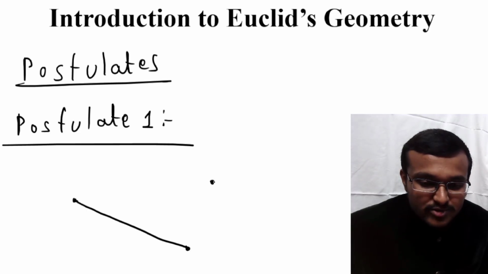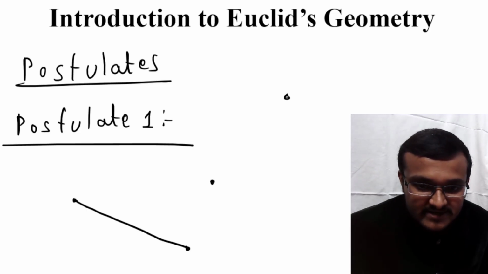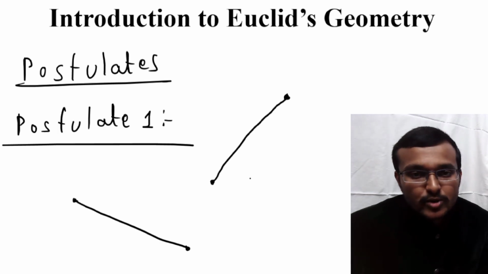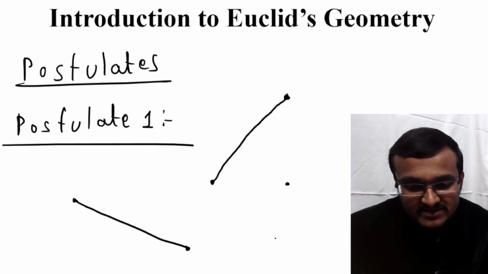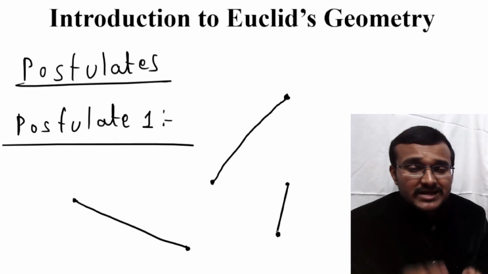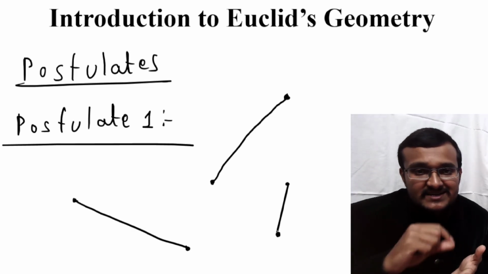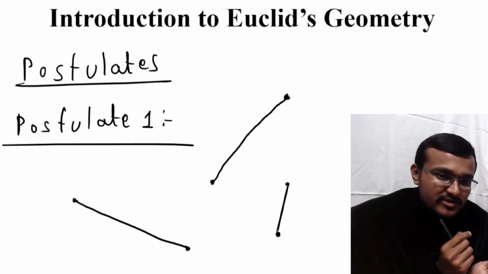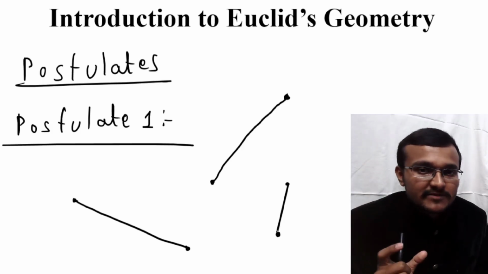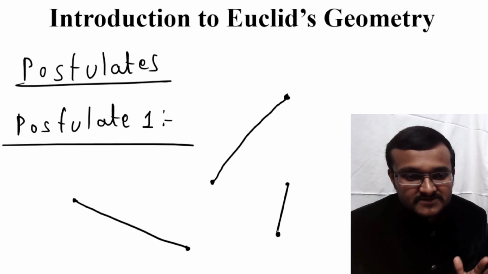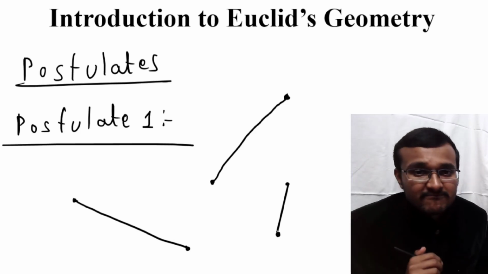Similarly, if I put one point here and the other point here, then a straight line can be drawn between these two points. And if I put a point here and another point here, then a line can be drawn from this point to this point. So any straight line can be drawn from one particular point to another particular point in space. This is postulate 1.